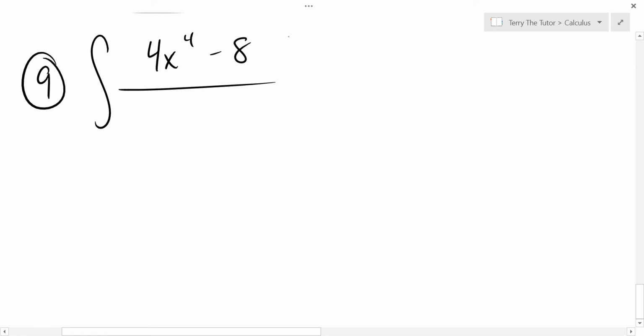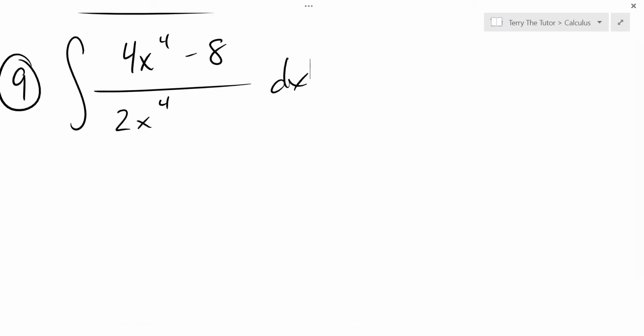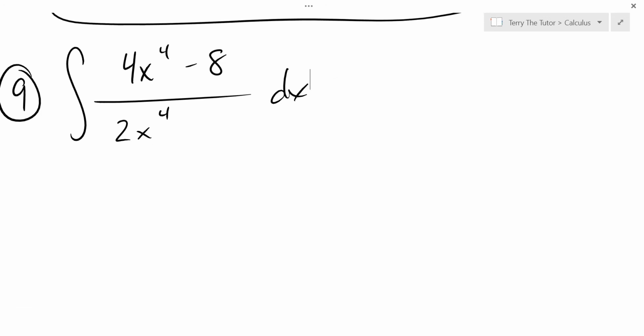Let's go to number 9. We've got the integral of 4x to the 4th minus 8 over 2x to the 4th dx. Here, it looks like it could be long enough to attempt to use substitution, but that's not going to work. But what we can do is break up the numerator.